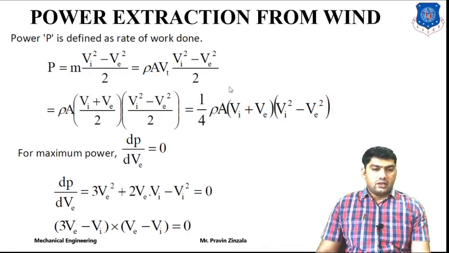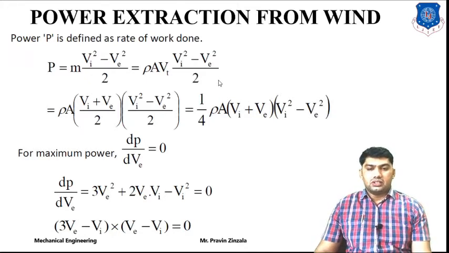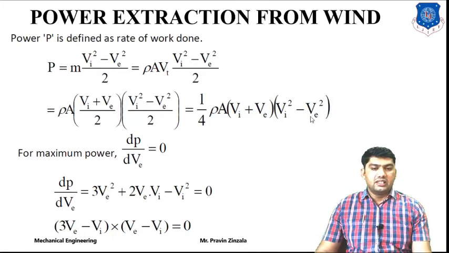We want to find the maximum power from wind, so we have to differentiate with respect to Ve, because power also depends on the exit velocity. By changing the exit velocity, we can get the maximum power. Here we are keeping the inlet velocity fixed. So we have to differentiate with respect to the exit velocity, and by differentiating this equation with respect to Ve, we will get some condition.